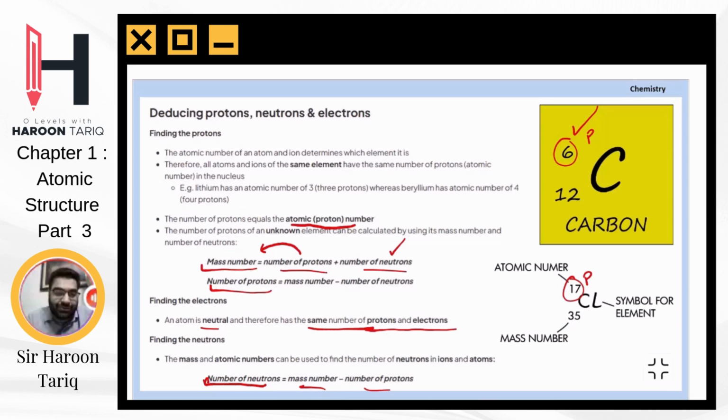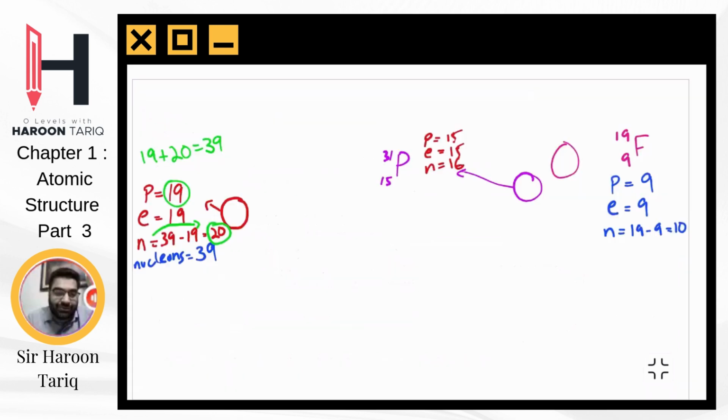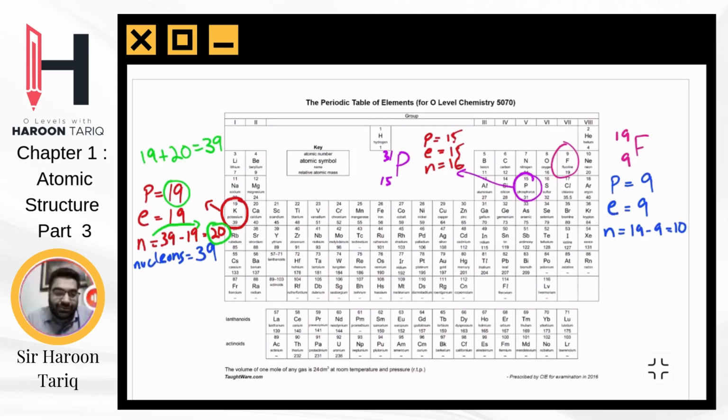Let's go to the periodic table to prove this. Unique means different. The smaller number is the proton number, right? Yes, all atoms are neutral. Now, you can see the smaller numbers are written at the top in the periodic table. So hydrogen has 1, helium has 2, lithium has 3 protons, beryllium 4, then we have boron 5, 6, 7, 8, 9.